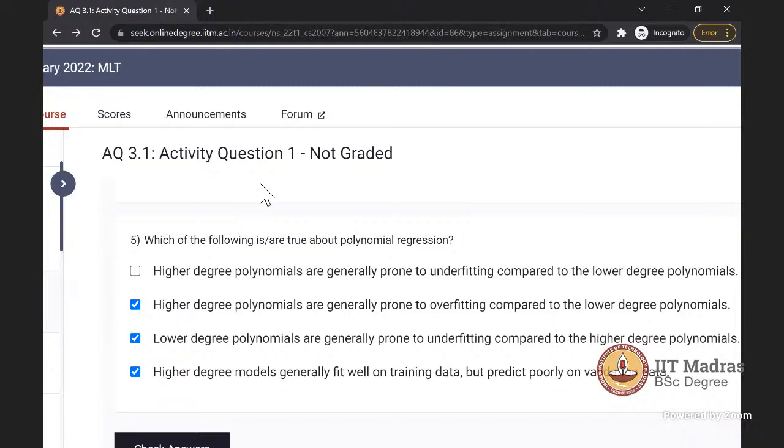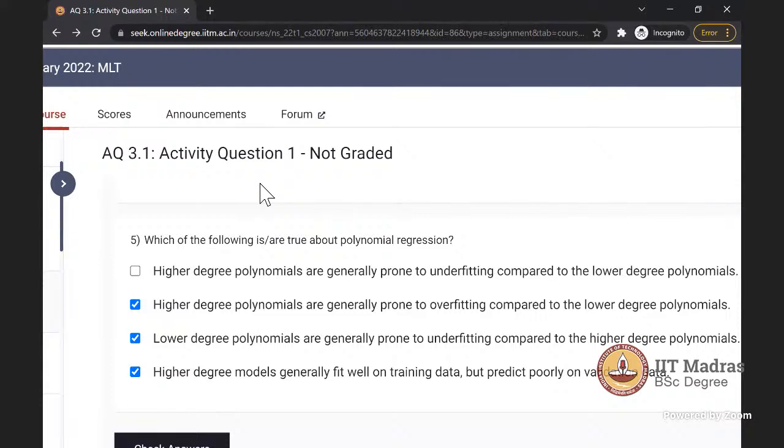If the underlying data is linear, a single degree polynomial, then the capacity of the model at which overfitting happens is at the lower end. If the underlying data is already a 9th or 10th degree polynomial, then overfitting happens at the rightmost end of the capacity spectrum. It is variable. So higher degree is a subjective term. Even 2 is higher, 3 is higher, 4 is higher, depending upon the data.